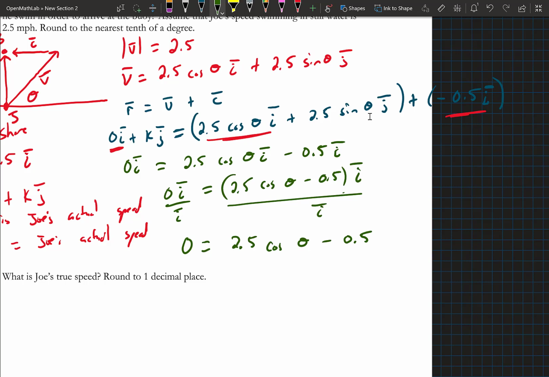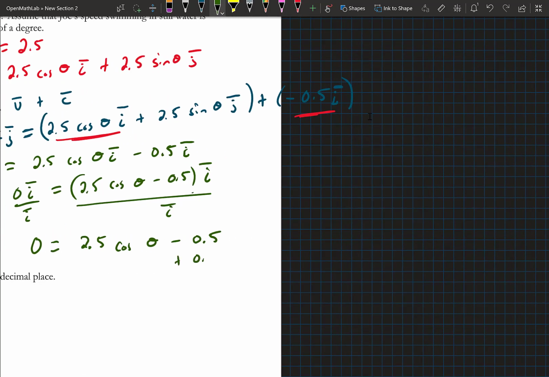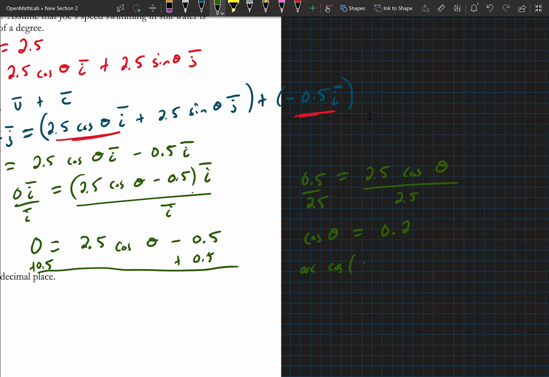Now trying to solve for cosine theta: if we add 0.5 to both sides, we end up with 0.5 equals 2.5 cosine theta, and then divide both sides by 2.5. What I end up with is cosine theta equals 0.2. So arc cosine of 0.2 equals theta, which, putting that in your calculator, is roughly 78.5 degrees. Right. So that's part A.